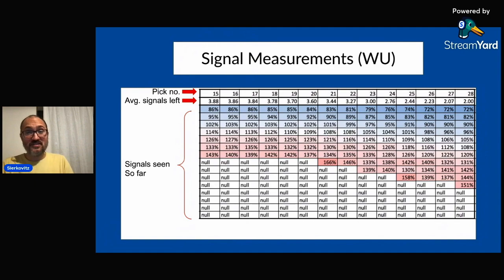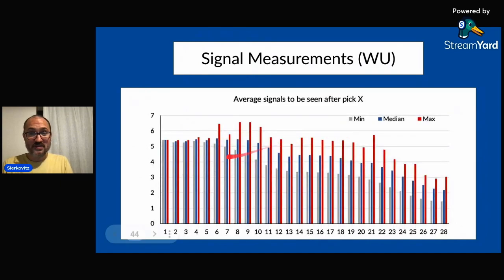But the trend still is the same. The more signals you've seen before, the more signals you're going to see in the future. And again, here is the numbers game. Reading signals for blue-white in the first 5 packs even are not important. Then you start getting a big signal.